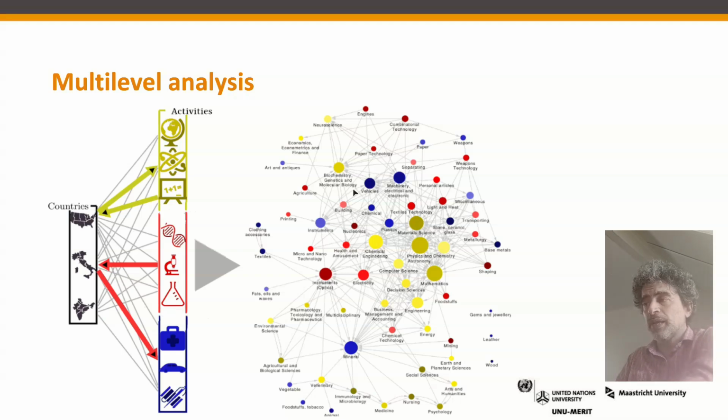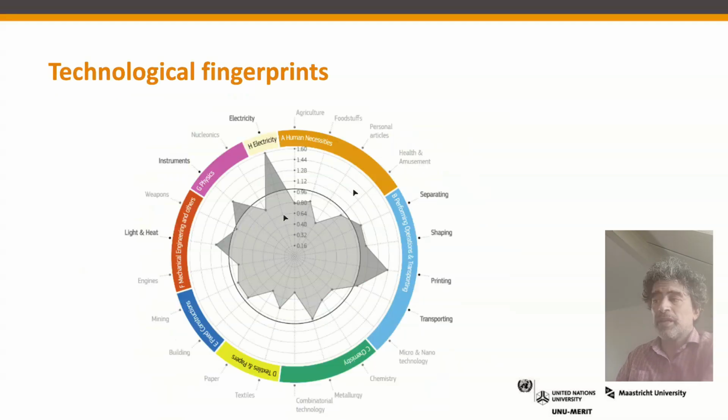And also because we can look at, for example, a specific product. This, for example, is desktop computers. And you can look at the technologies that are relevant for desktop computers.